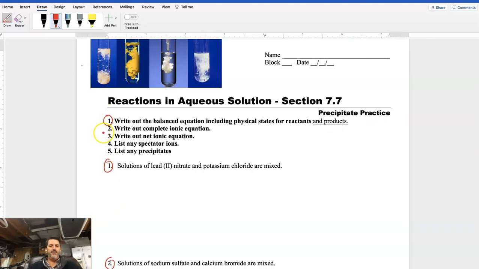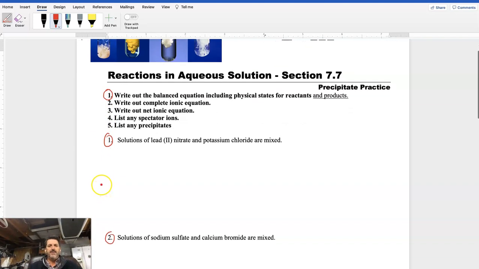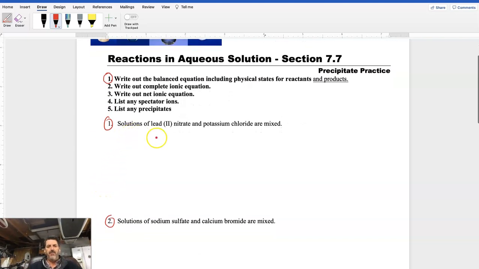You don't have to do 2, 3, 4, and 5 yet. All I'm asking you to do is write out the balanced equation for this, predict the products, and then use your solubility rules to figure out what the physical states are for each of those. They're either going to be aqueous or a solid.